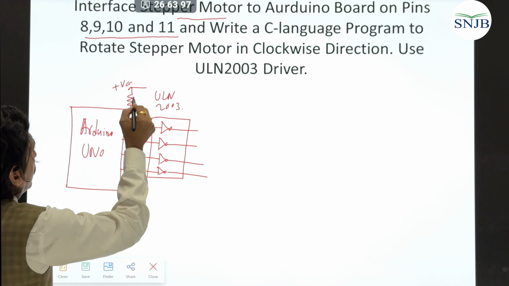So these two windings: this is pin number 8, this is pin number 9, pin number 10 and pin number 11. These are the pin numbers for controlling this particular stepper motor.